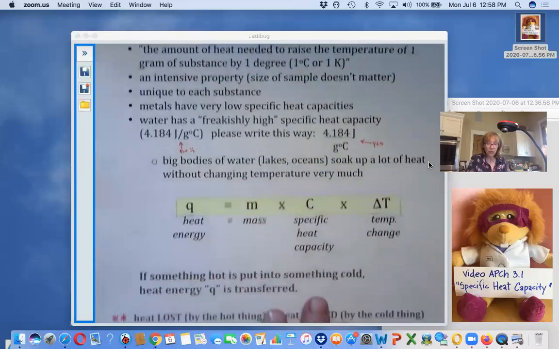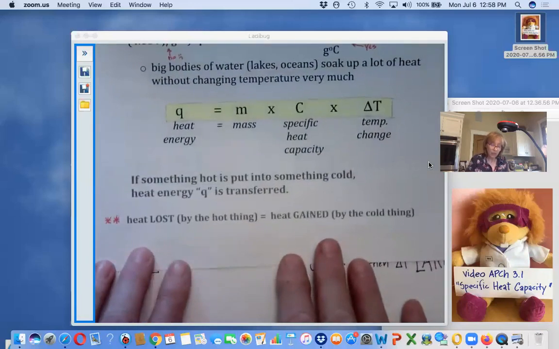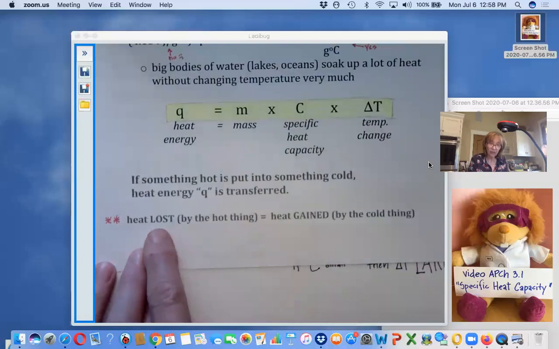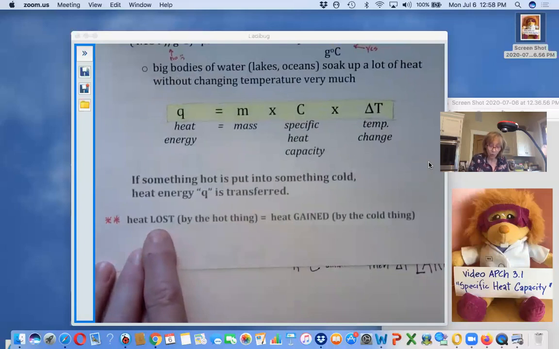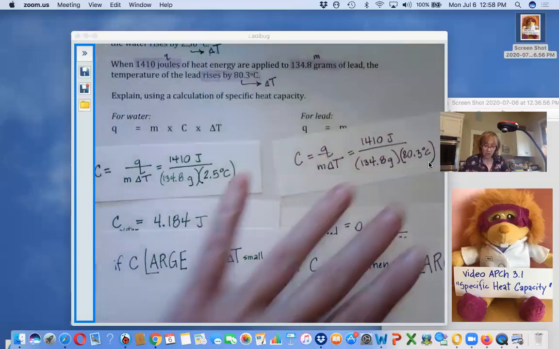And then when we do our calorimetry problems, keep in mind that any substance that starts out hot and then is placed in contact with a cold substance is going to transfer heat from the hot thing to the cold thing.